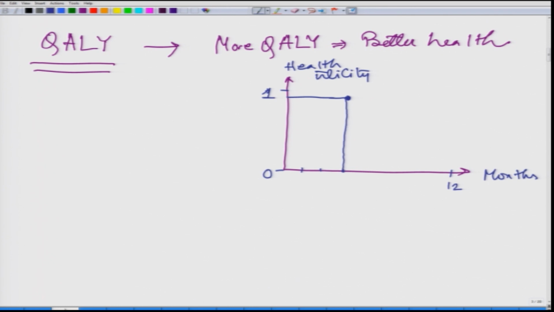That same person, till 10 months, his QUALY was 0.5. And then for the last 2 months of the year his health deteriorated and his QUALY was 0.3.